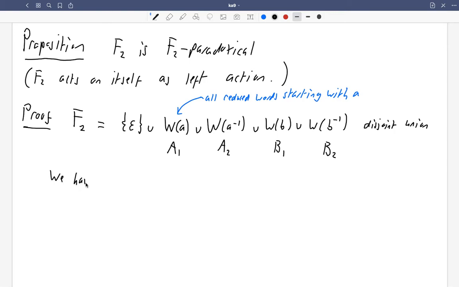And we notice that F2 we can get as W(A) union A times W(A to the minus 1).